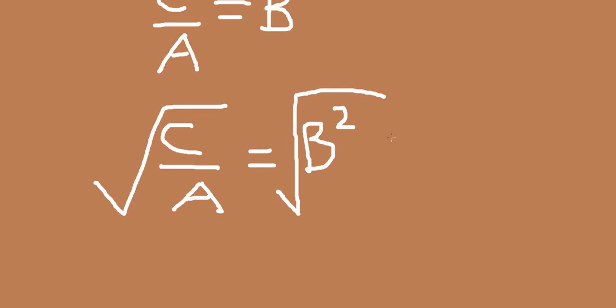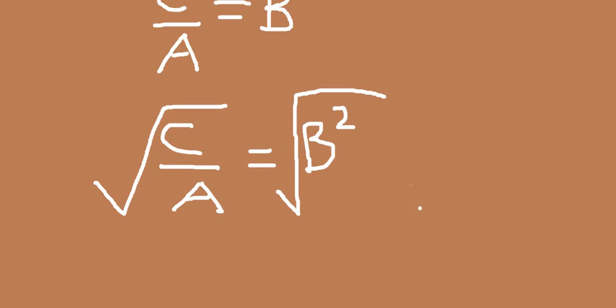Now we are going to try to get rid of this power 2 here at the top of B. So we are going to put under root on both sides, on the left hand side and on the right hand side. So we put the radical sign, then under root again on this right hand side.